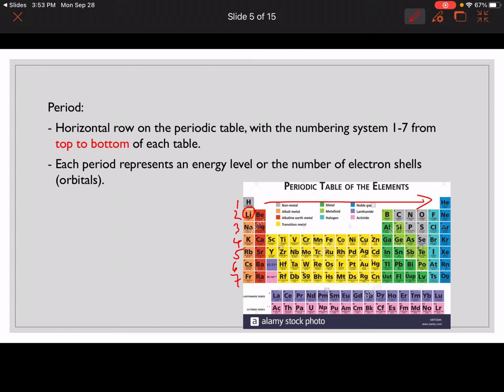We will talk about the families in a minute. I just realized I haven't taught you that yet. Now, each period represents an energy level or the number of electron shells or orbitals. Those words mean the same thing, so you can refer to them both like that.